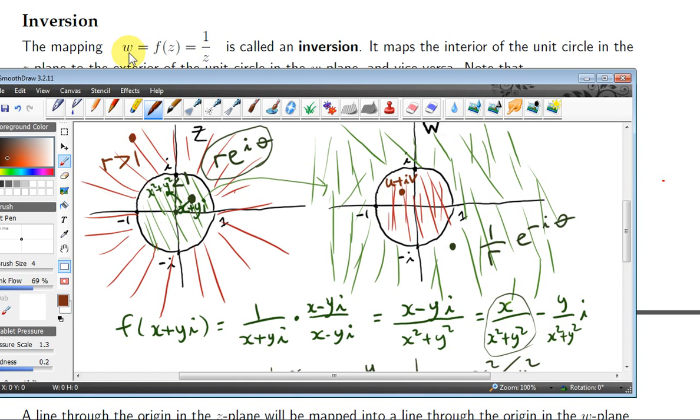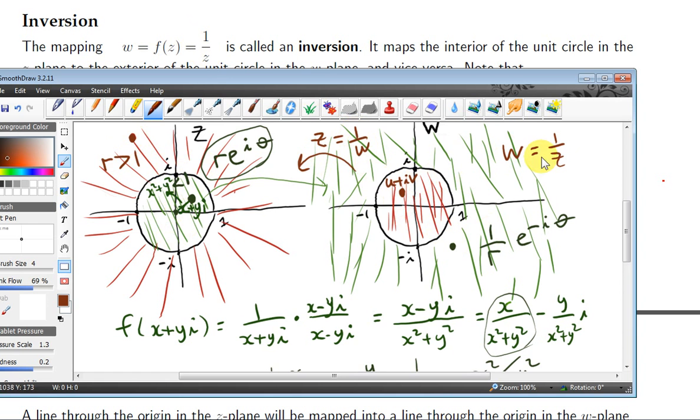Now if we are going the other way, we have that w equals 1 over z to go from the z-plane to the w-plane, but if we want to go back the other way, we get z equals 1 over w. So we put 1 over our number in the w-plane to get the image in the z-plane for going the other way.